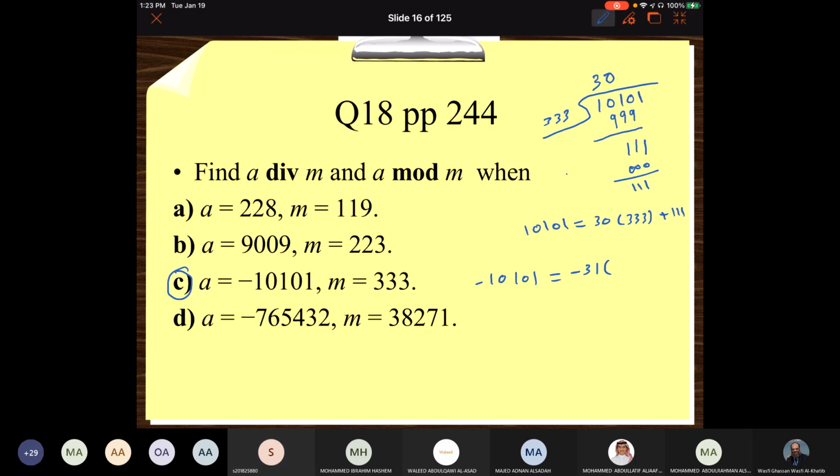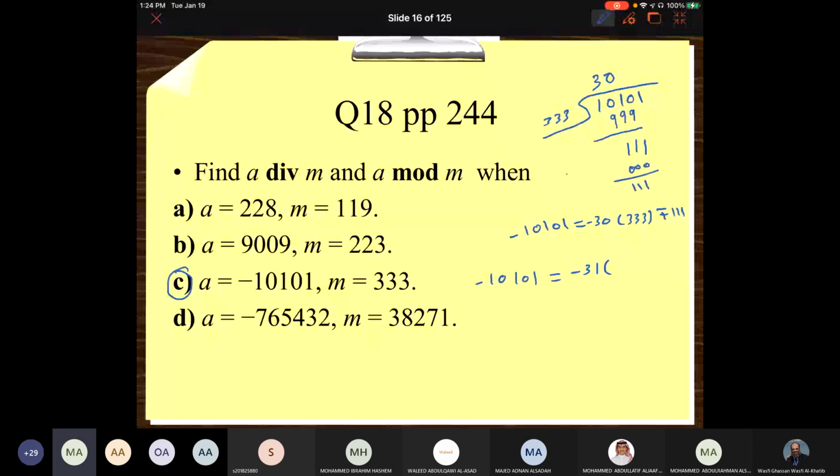I will subtract 1 because I want the other one to be positive, not negative, صح? يعني if I multiply by minus here, this will become minus 30 and this will become minus 111. مظبوط ولا لا؟ Yes. If I multiply the whole equation by negative 1, minus 10101 is equal to minus 30 multiplied by 333 minus 111.